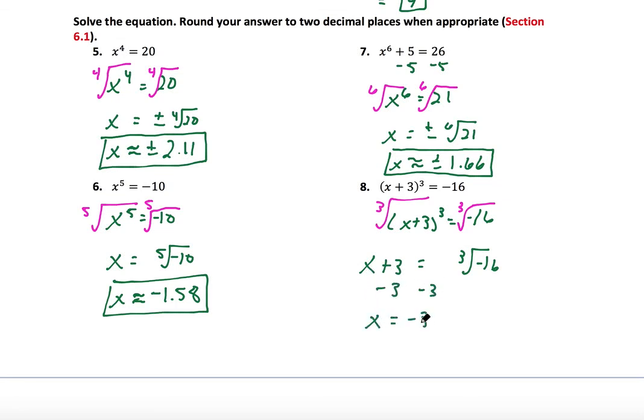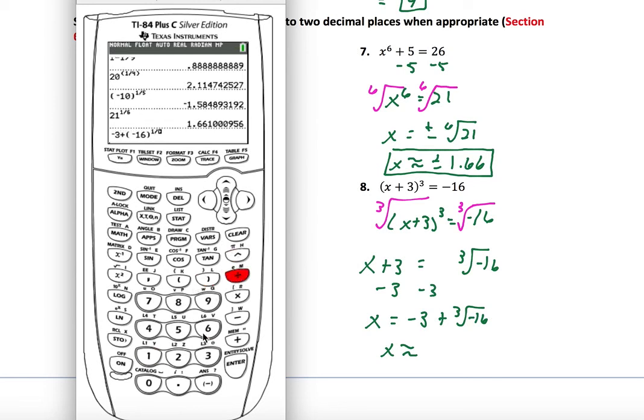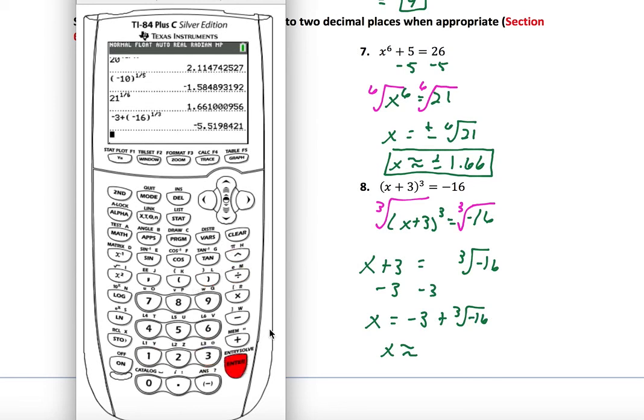So I have x equals negative 3 plus the cube root of negative 16. And I'm just going to type that into the calculator. Okay, so we have negative 3 plus, and I'm going to put this in parentheses, negative 16 raised to the 1/3 power. And I get negative 5.52.